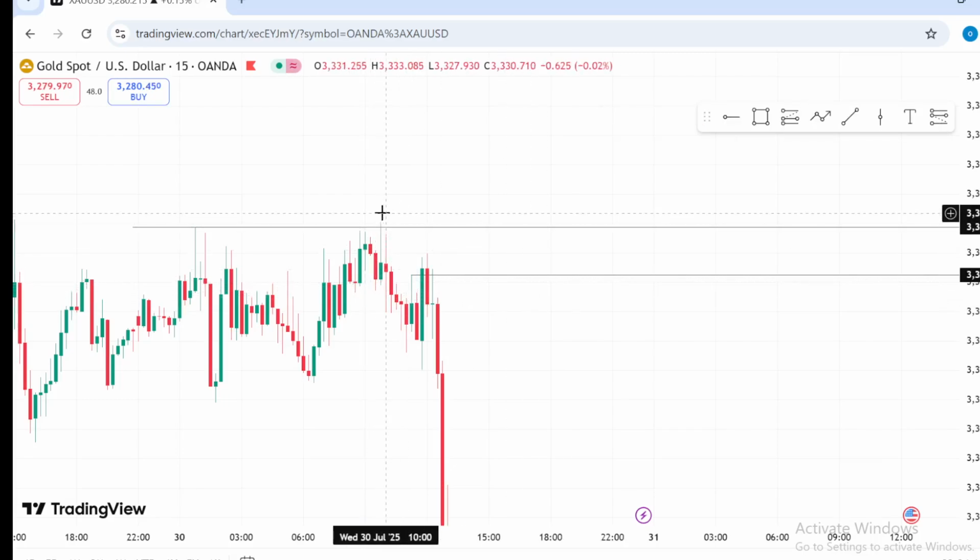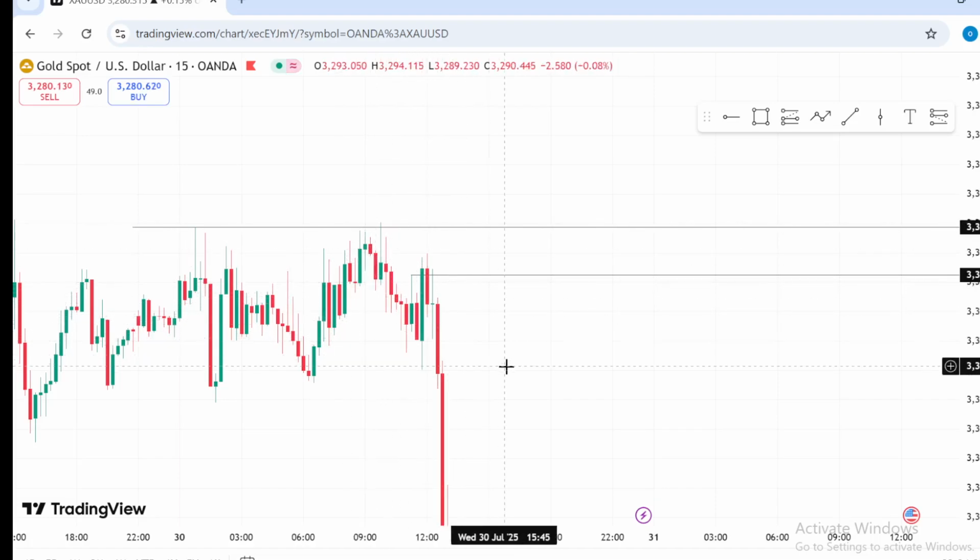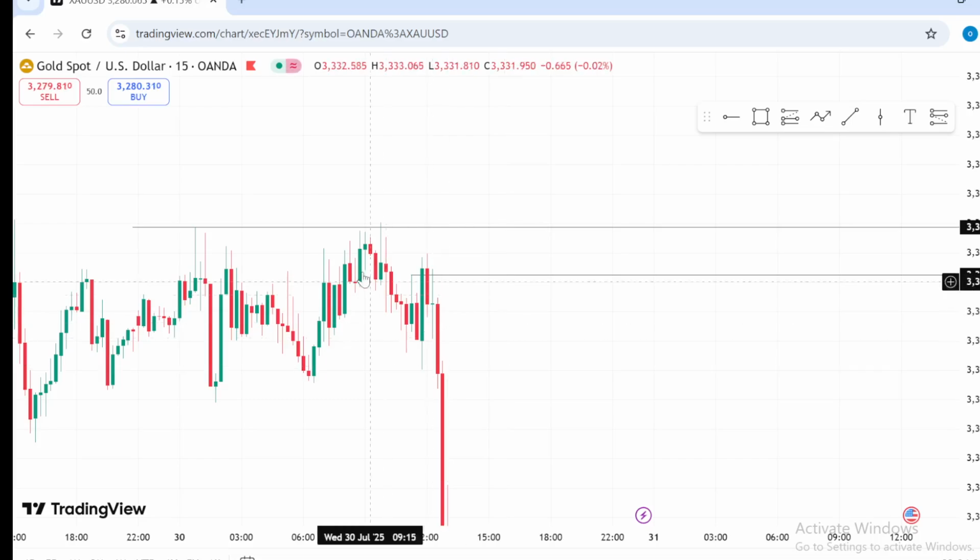So as you can see, on the 15 minutes, this was the sweep. Price moved lower and created this swing high. Now, this 15 minute leg doesn't have any fair value gap. Remember, I told you my trade is always based on swing points and fair value gaps. So this 15 minute leg wasn't having any fair value gap within, but it left me a swing high.